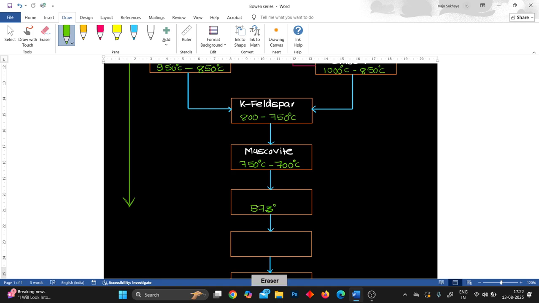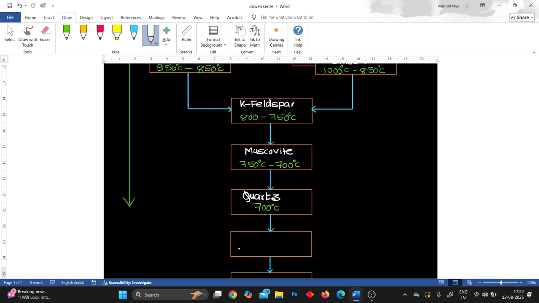At this temperature the next mineral, known as quartz, is going to get formed.